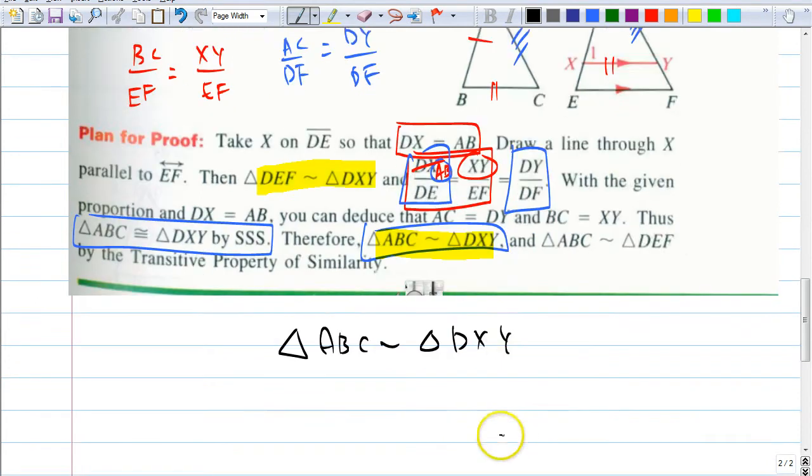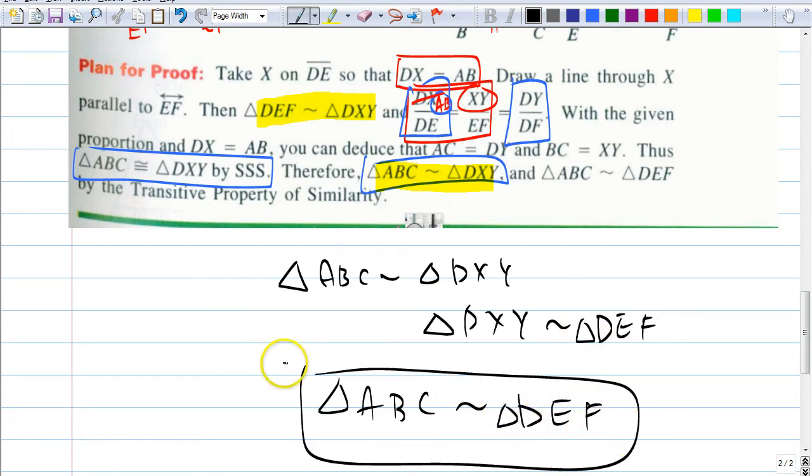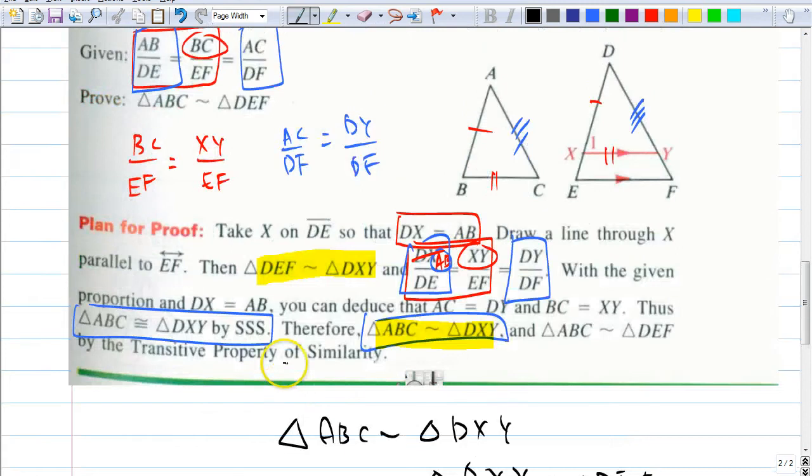Also, what do we have? Let me write DXY first. Triangle DXY is similar to DEF, correct? So by transitive, triangle ABC is similar to triangle DEF. And isn't that what we wanted to show? And there it is.